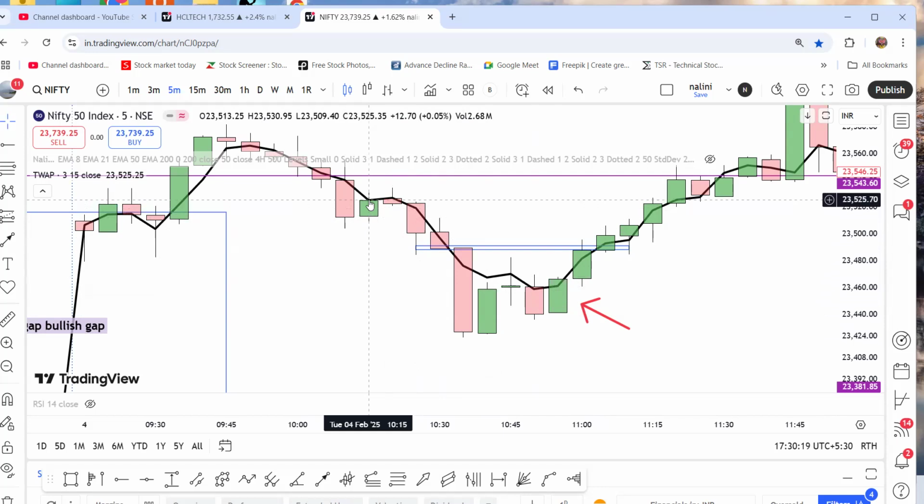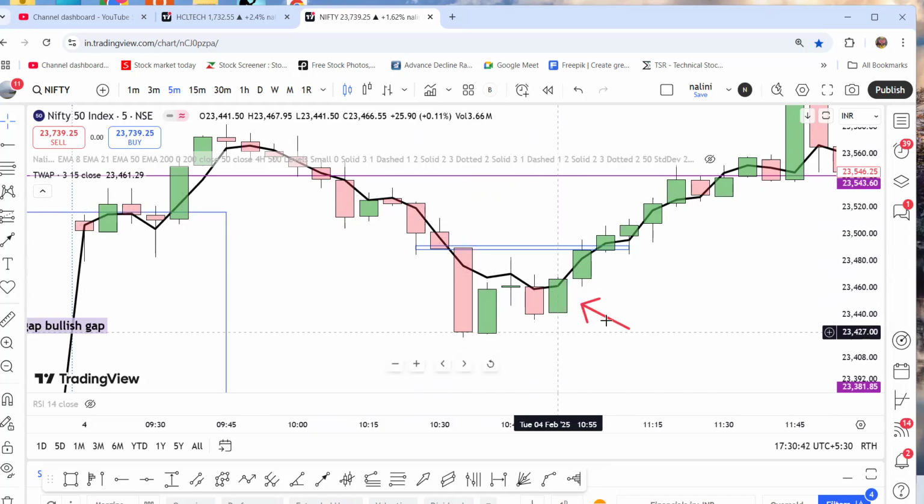If I place the cursor on this close, the close is around 23,509 and the TWAP is 23,525. That close is below the TWAP, so it is not a reversal. This is a solid reversal, the price closing above the TWAP.